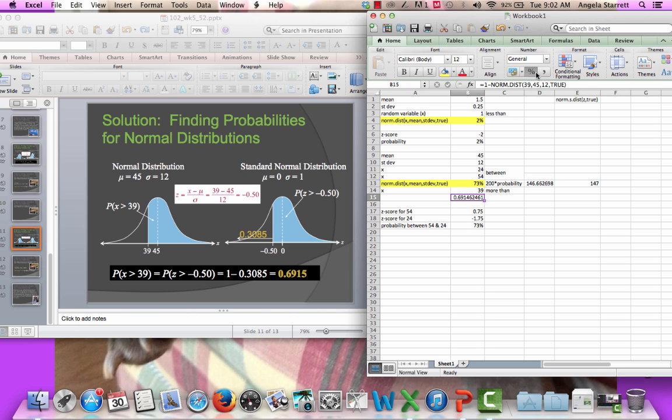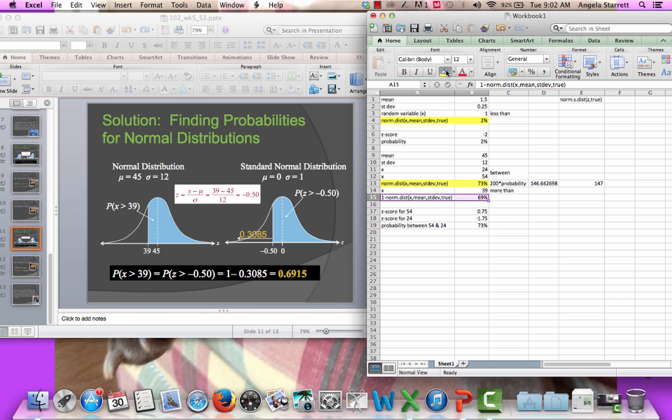We see that the probability is 69% that a shopper spends more than 39 minutes in the store. So again, this is 1 minus NORM.DIST of x, comma, mean, comma, standard deviation, comma, TRUE.